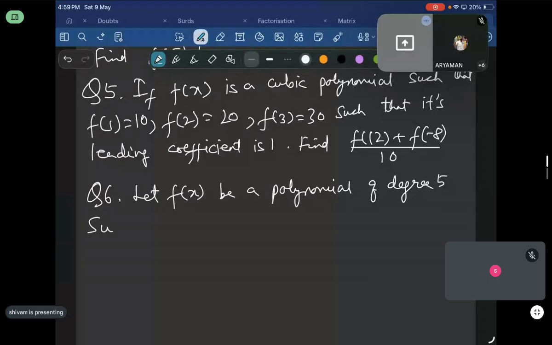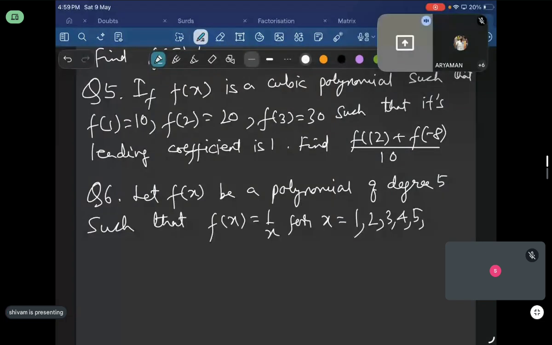Find f of 7. Over here the pattern is given. Okay, proceed.